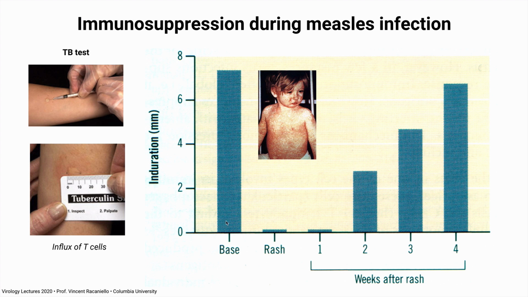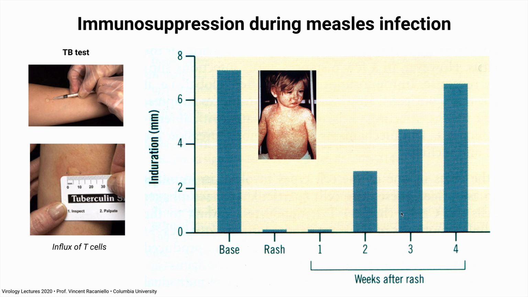And so here's the control for children who don't have measles, and you get 7 millimeters of induration here. And then we have children measured at the peak of rash, and you see there is absolutely no T-cell response. And that increases weeks after the rash.